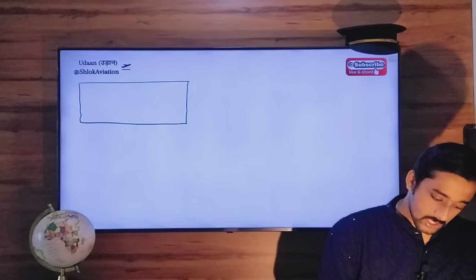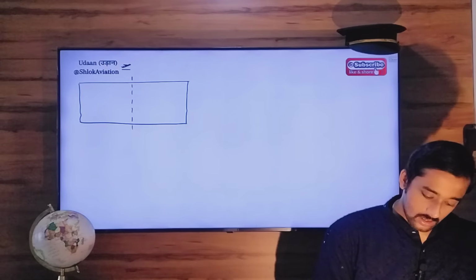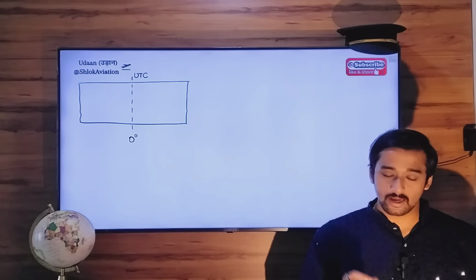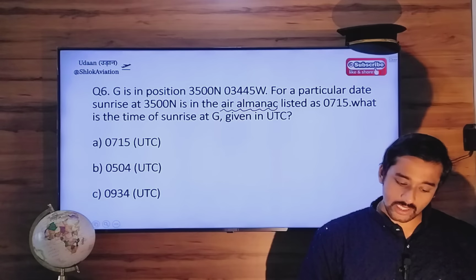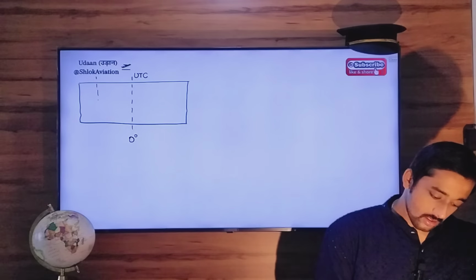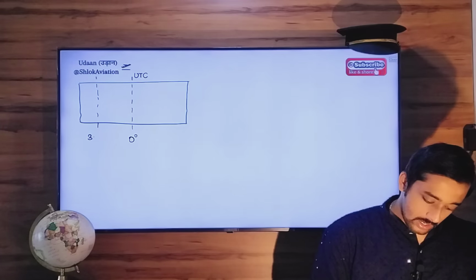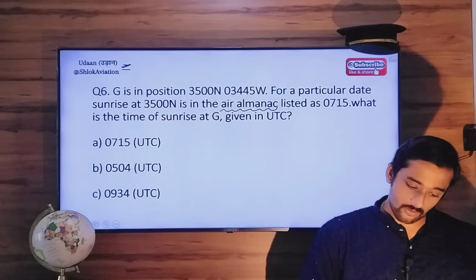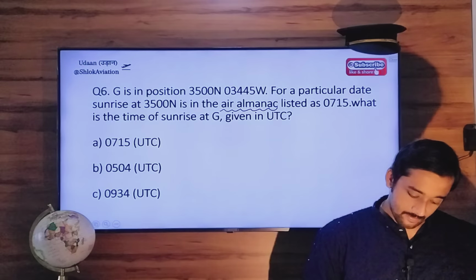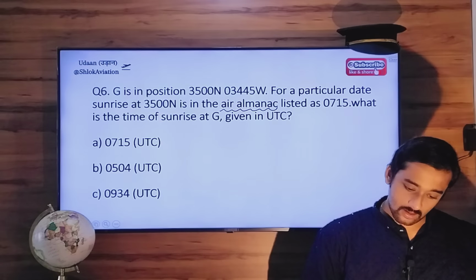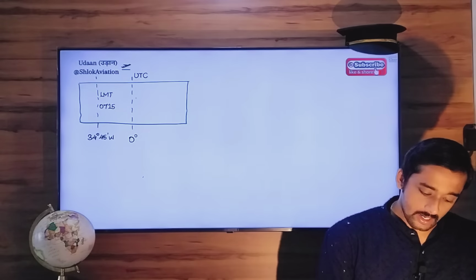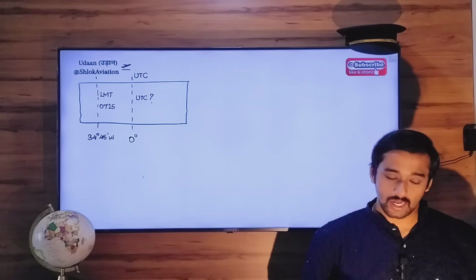So 0 degree longitude. Your UTC times are kept with respect to 0 degree longitude, or the Greenwich meridian. Another longitude is 34 degrees 45 minutes west. Now LMT here is 0715. We have to find UTC time with respect to the 0 degree meridian.